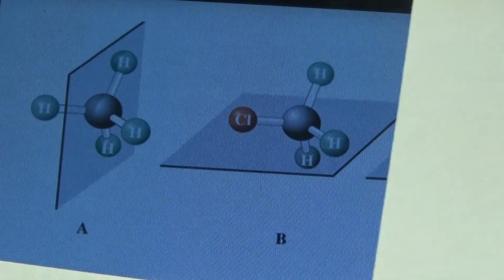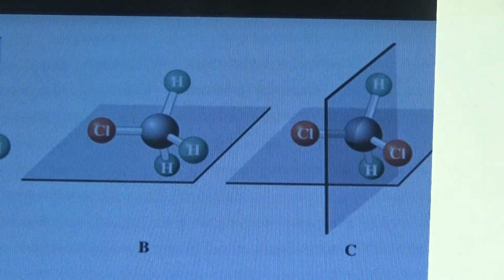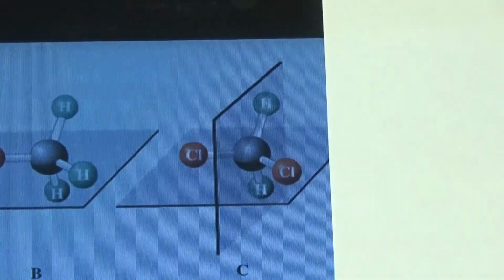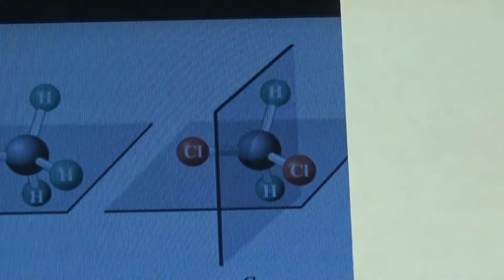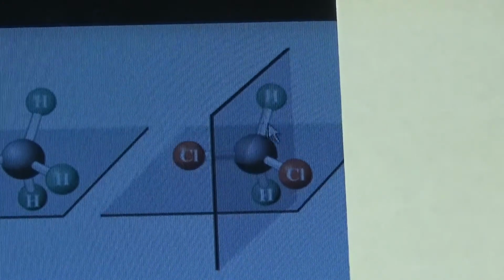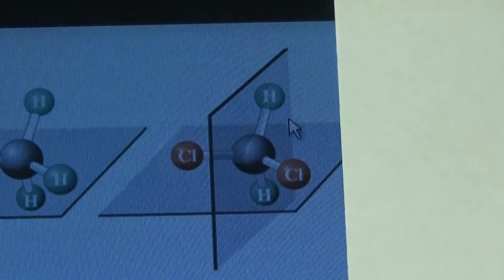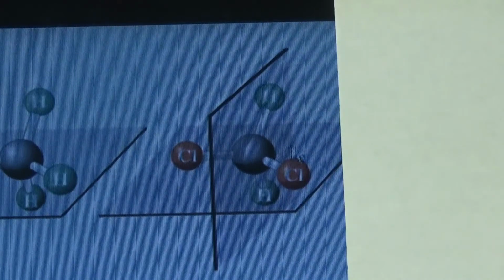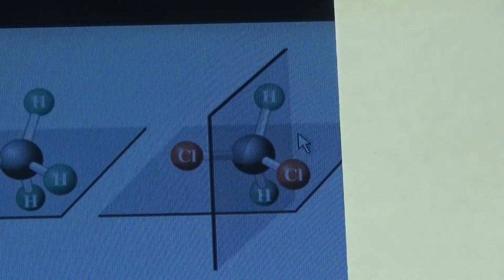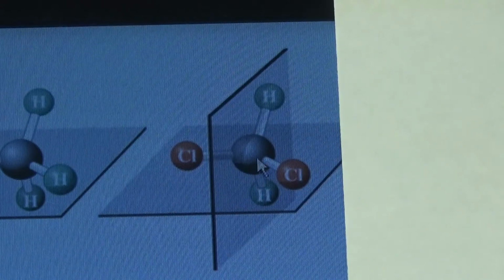What if we add another thing? Now we have, I think, 2 chlorines. Yes, 2 chlorines. So we only have 2 unique things on this molecule: a chlorine and another chlorine. But even if it was a different thing, if it was a chlorine and a bromine, you would be able to find a plane of symmetry.